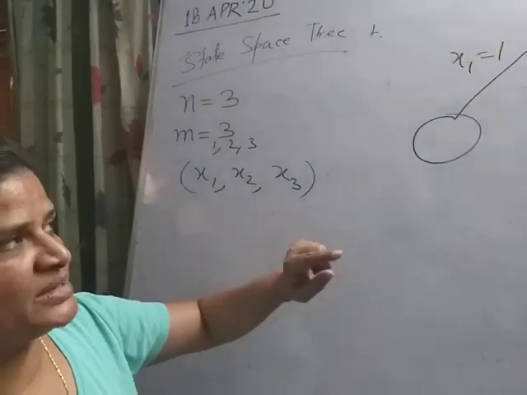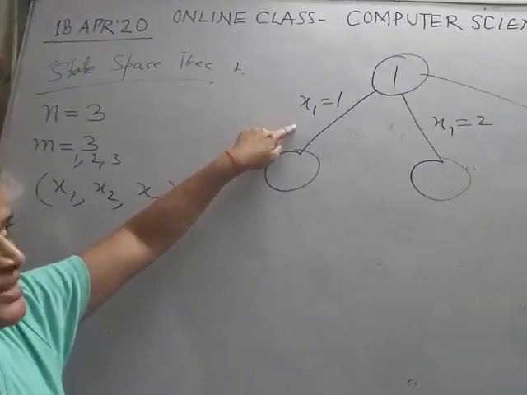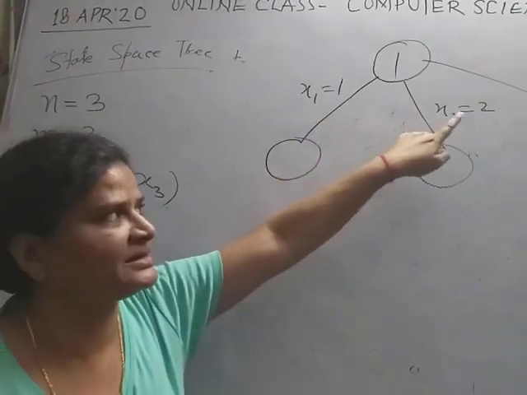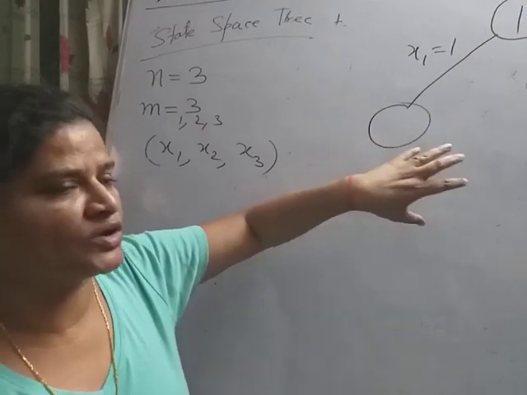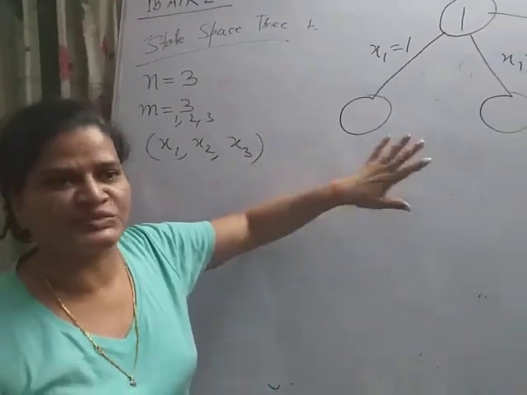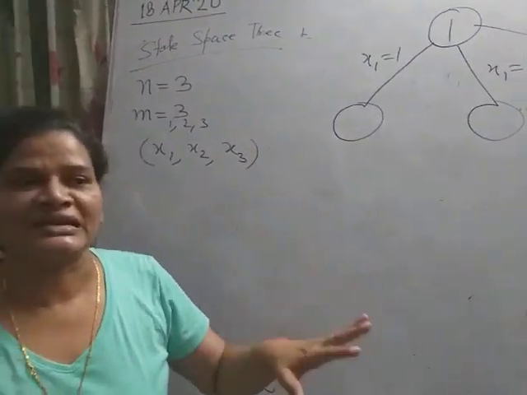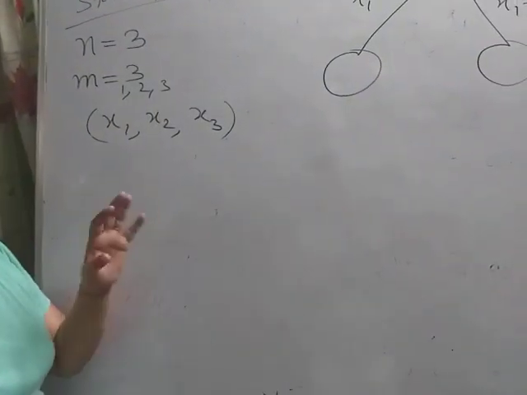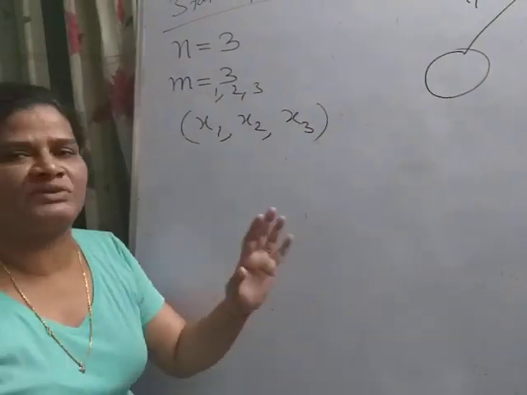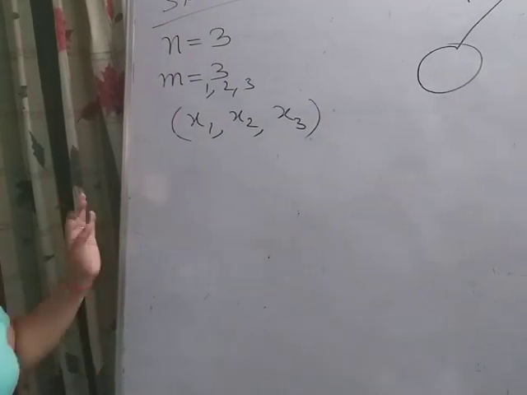It means the first vertex of the graph can be colored with the first, second or third color. Here I am drawing this state space tree without any explicit or implicit constraints, not considering the constraint that no 2 adjacent vertices are of the same color.